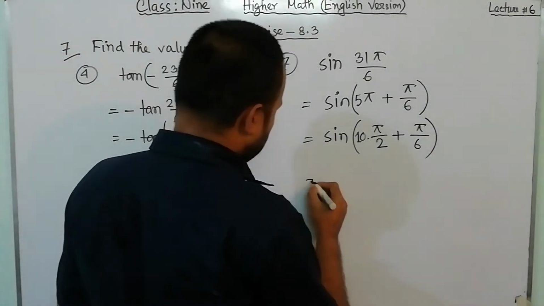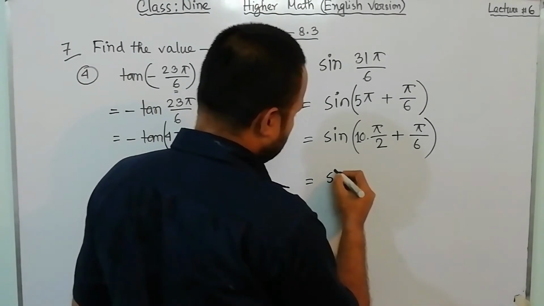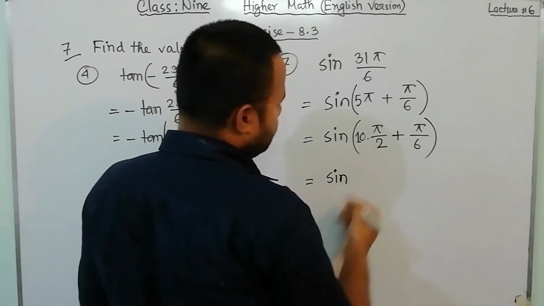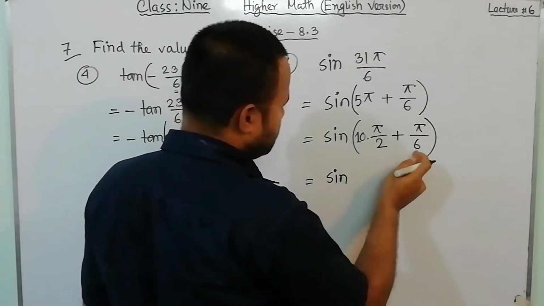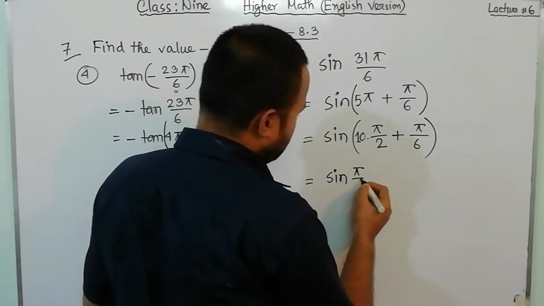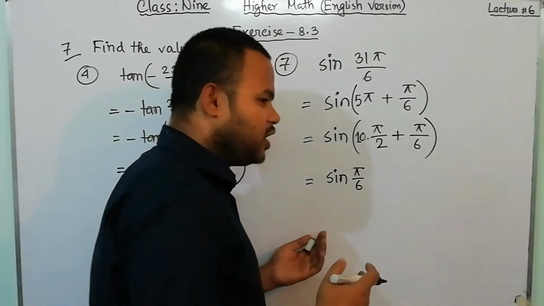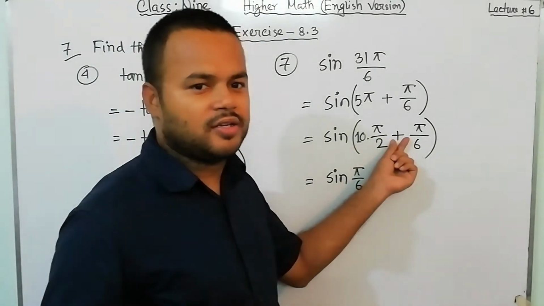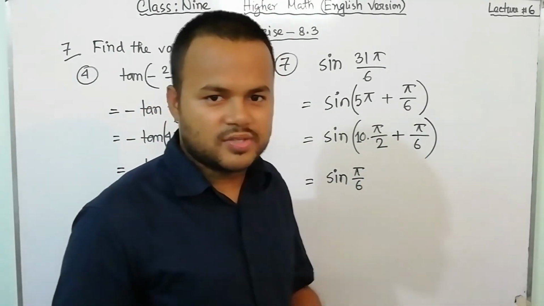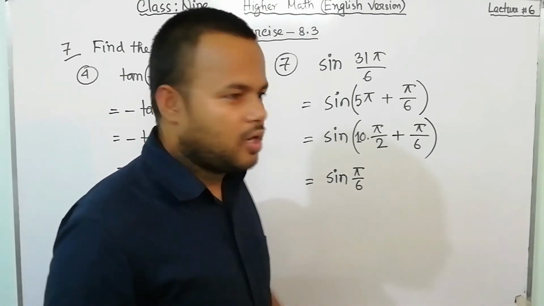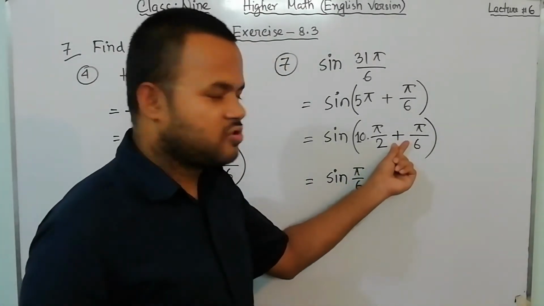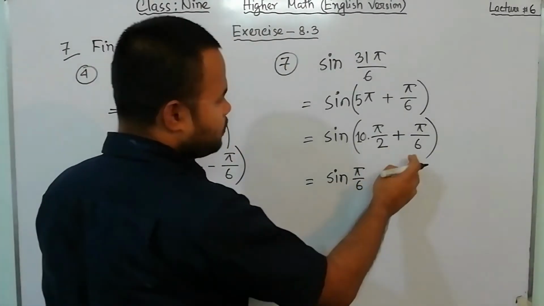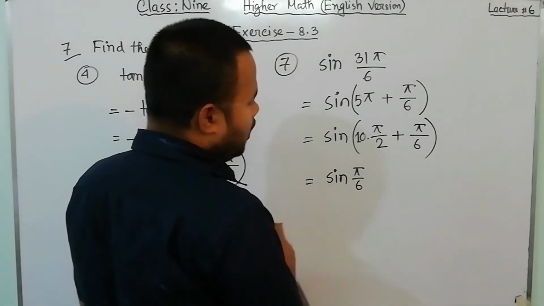Now we have to put the theta here, that is pi by 6. We don't need to consider the sign, whether it is plus or minus. Just put theta here.